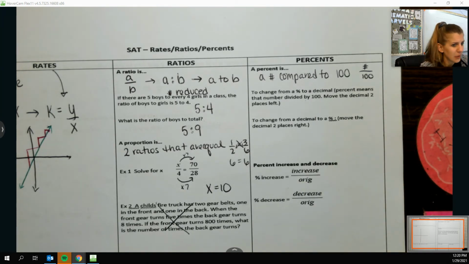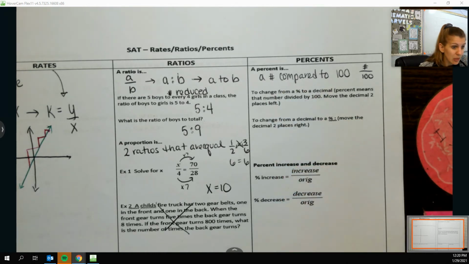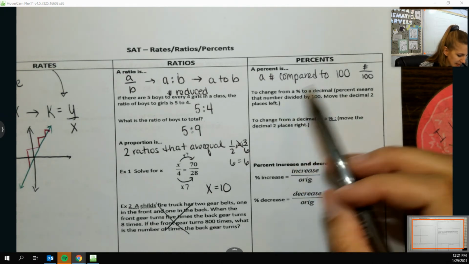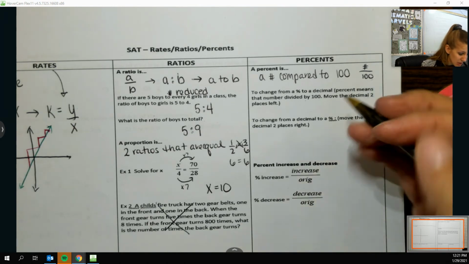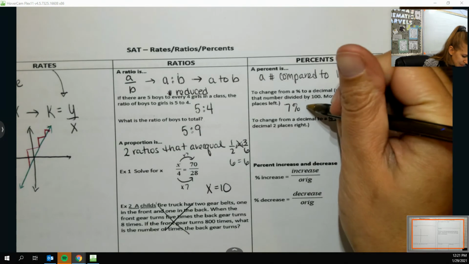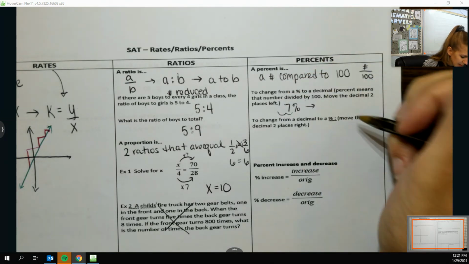Or, if you're looking at it as a percent, that's fine too, but to use that number mathematically, you need to be looking at it as a decimal. So to change from a percent to a decimal, which we do have to do if I want to use it in any sort of mathy way, we need to move the decimal 2 places, and it's 2 places because there are 2 zeros. For example, if I had 7%, that would change to, boop, boop, 2 places left.